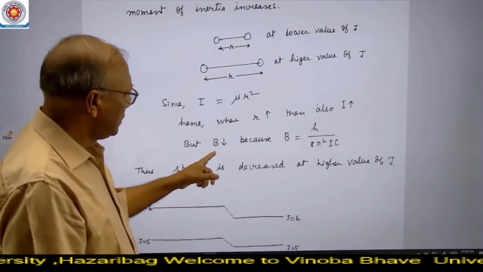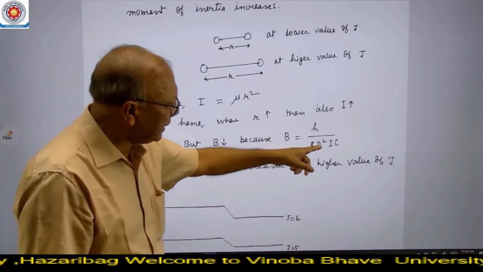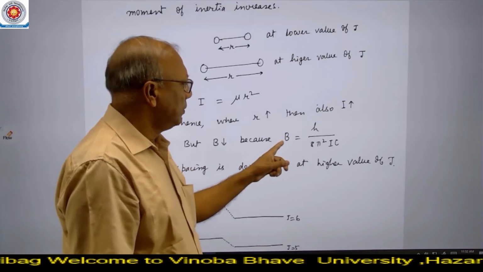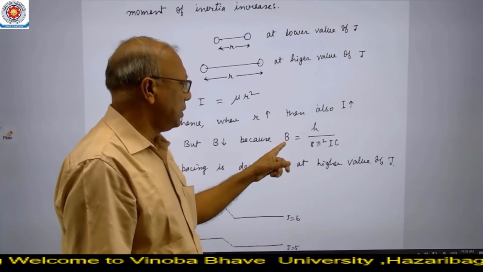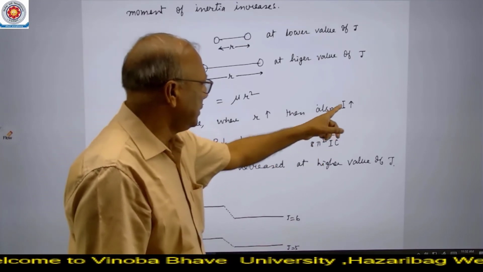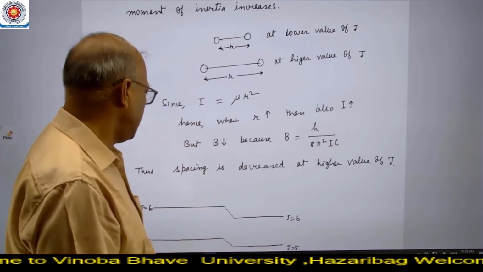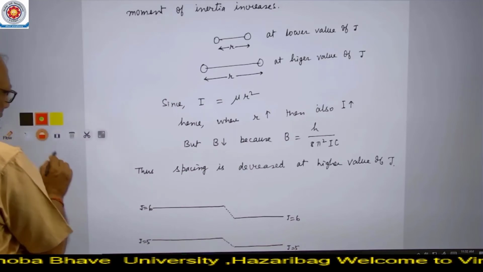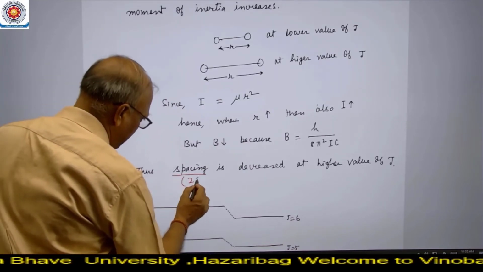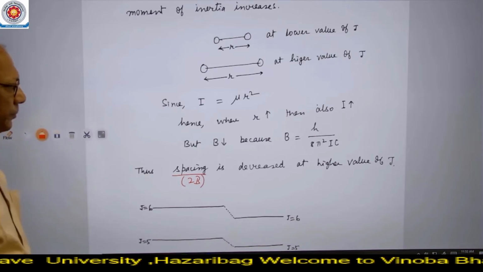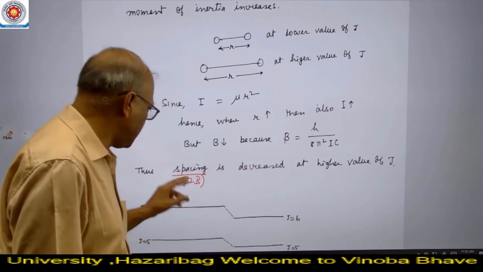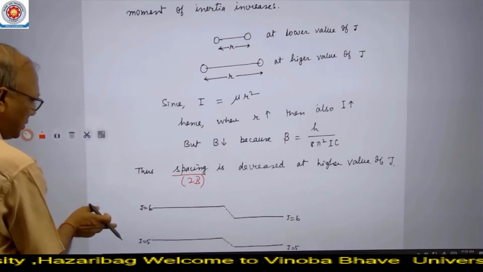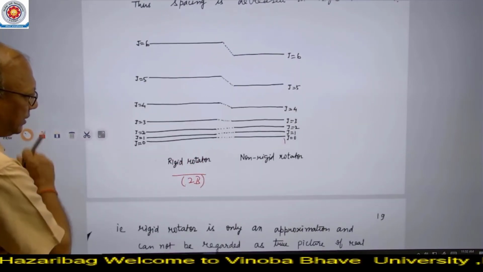And the rotational constant B is related with I by this formula, that is I is inversely proportional to B, and when I increases, then B decreases. And B is related with the spacing, that is 2B. So when B is decreasing, the spacing is also going to decrease.